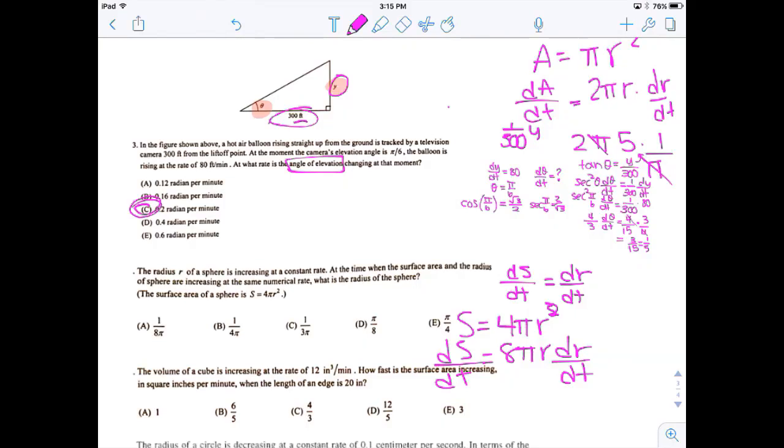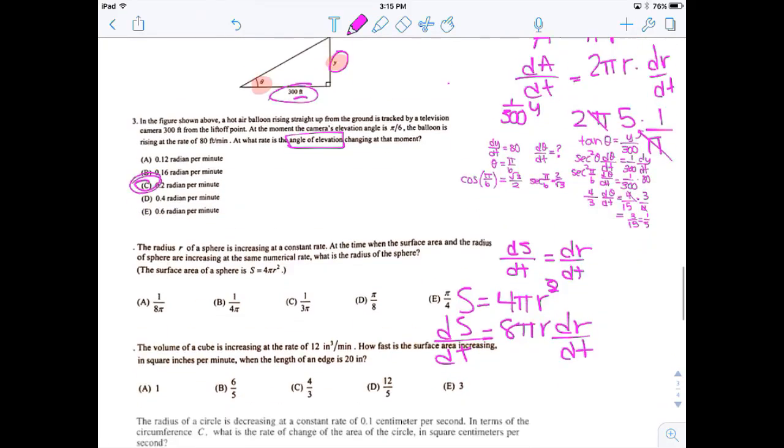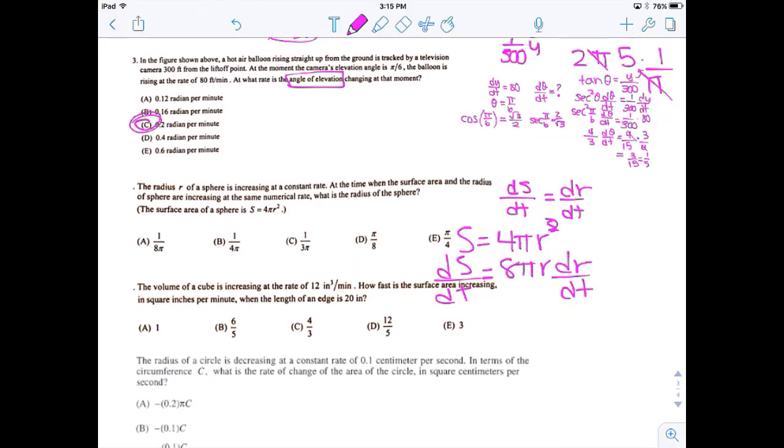So here's what I know. I know that ds dt, which is this, equals dr dt. So I'm going to set those equal. So 8 pi r dr dt has to equal dr dt, right?